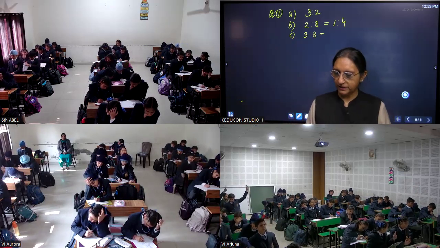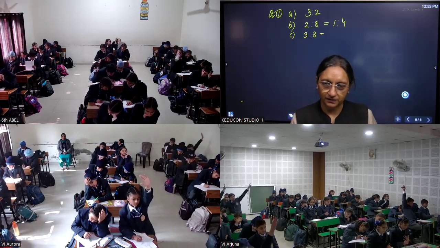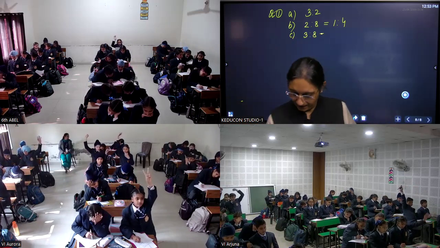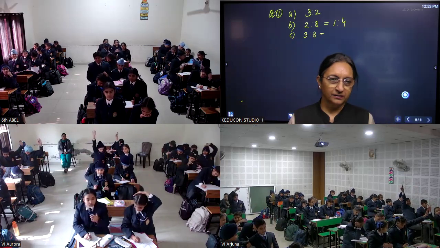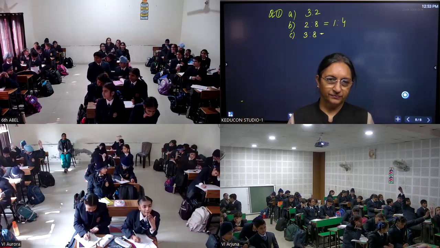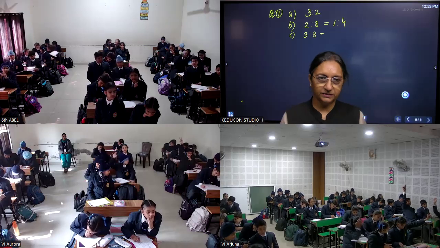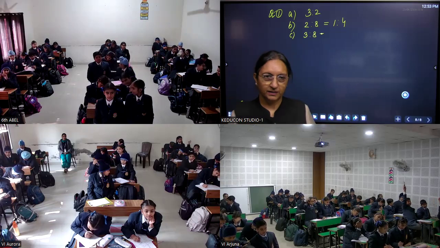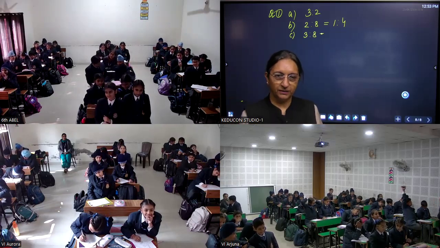Number of quadrilaterals to the number of triangles. How many quadrilaterals are there? Mayank, please tell me how many quadrilaterals are there and what is a quadrilateral? Able section, who is coming?